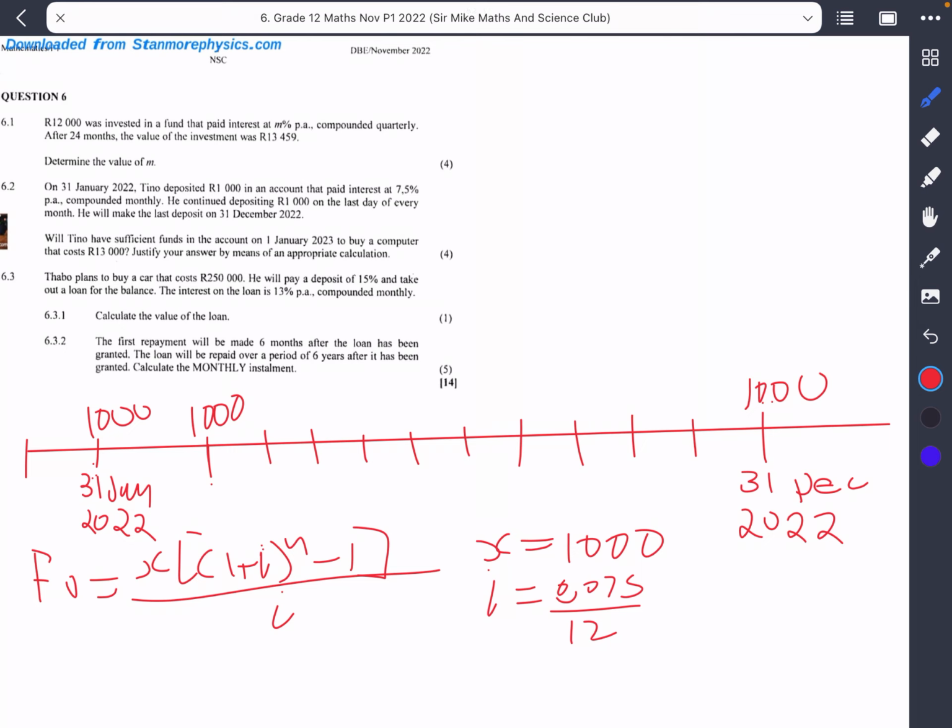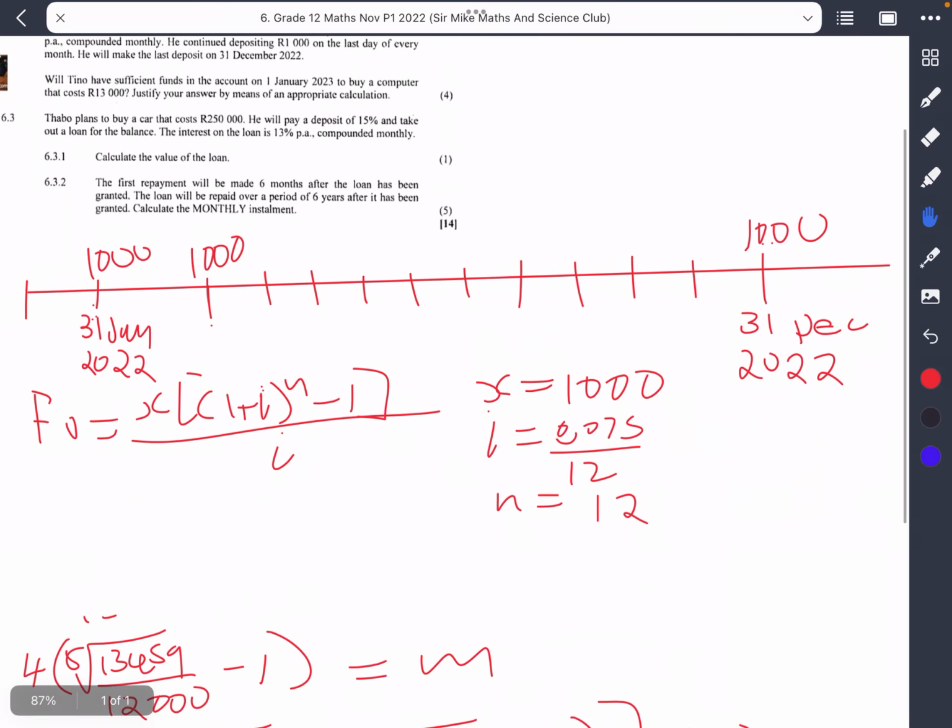Now remember, as I always love to do, X is given as 1,000. The interest was per annum compounded monthly, so that 7.5% would be divided into 12 equal parts. In a year we have 12 months, so we take the interest and divide it by 12. This would be 0.075 divided by 12.